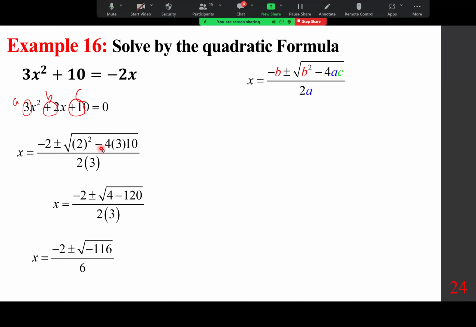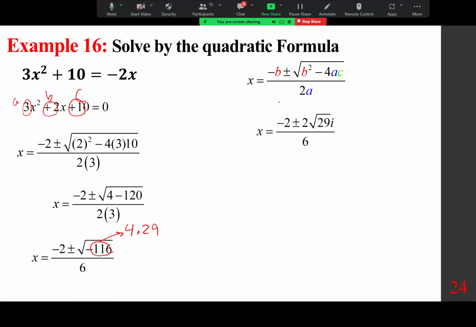Now, negative 116. First of all, the negative sign, we're going to get rid of it and we change it to i. Let's deal with number 116. It's the product of 4 and 29. And again, you can do the prime factoring that I showed you before. 4 comes out as 2, 29 remains, and the negative sign inside changes to i.